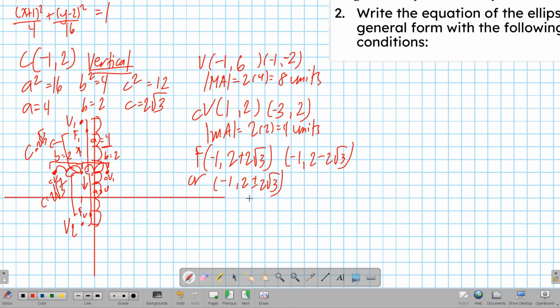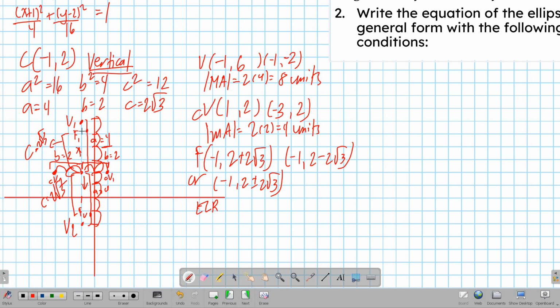Now we go to the endpoints of our latus rectum. As you can see from our foci, we already have an irrational number here. So all we can do is add or subtract according to our analysis.